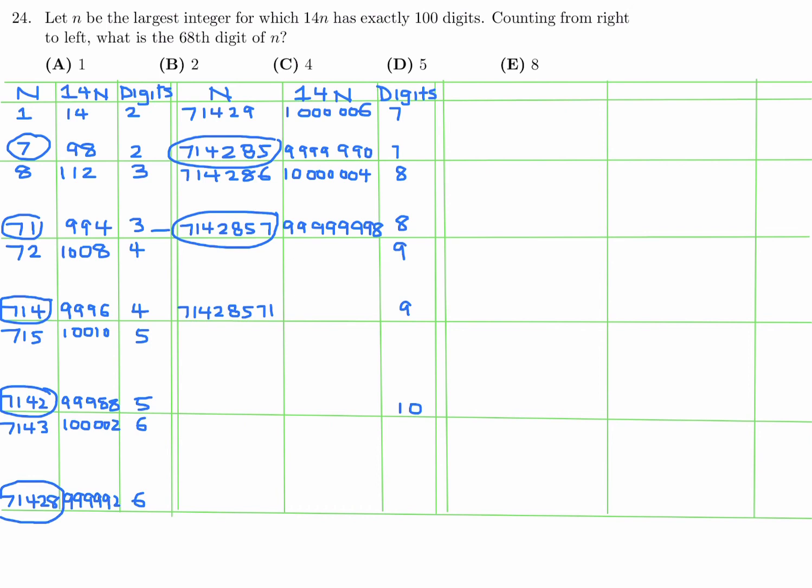If you do it for 10, it will be 714285.714. If you do it for 11, same thing that I've been doing the whole time. Nothing, no fancy tricks. I'm just doing the exact same thing. It'll be 714285.714.2.